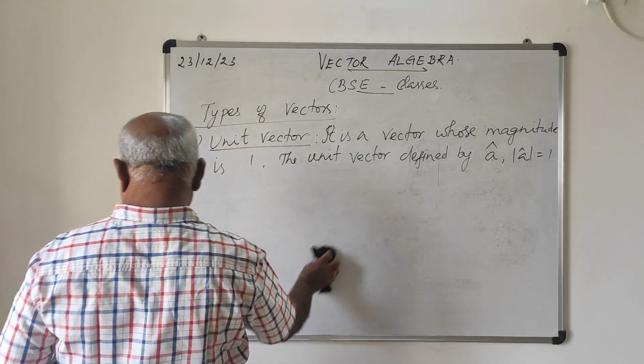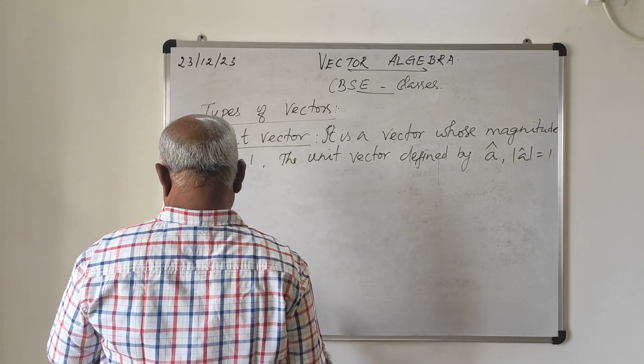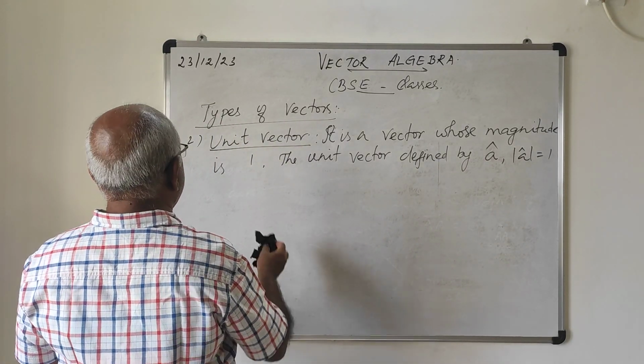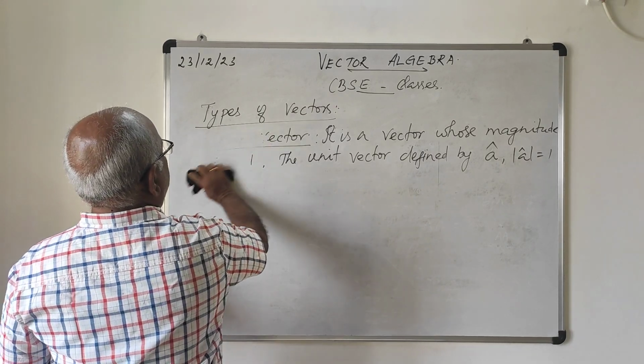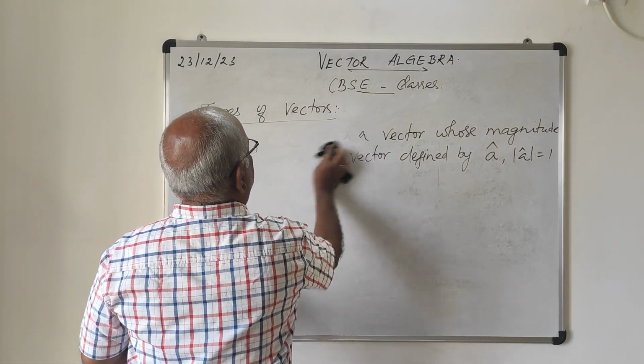So, zero vector we have seen, unit vector, and the third one is co-initial vectors.